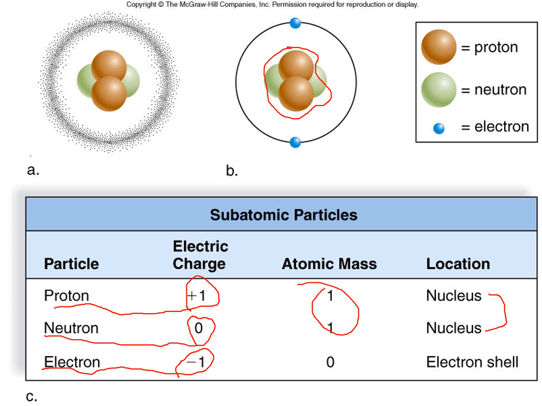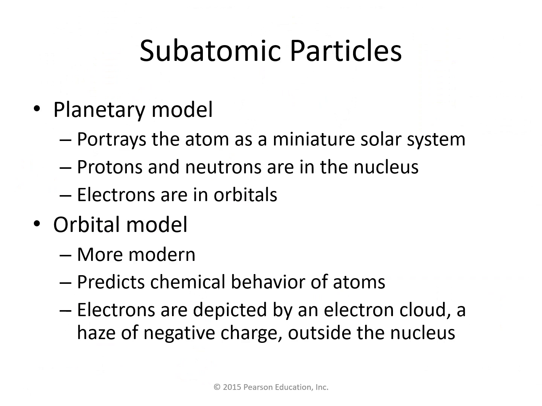The difference between A and B is that A is the electron cloud model, and B is a planetary model. We'll talk about the differences between those in just a moment.